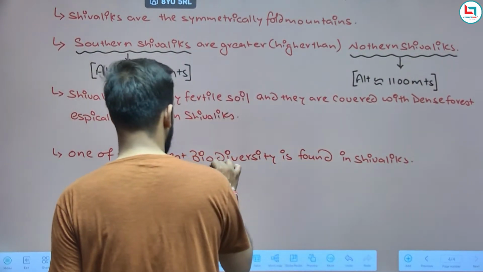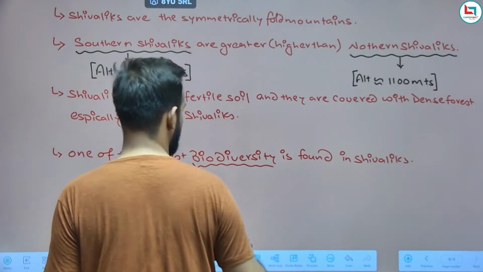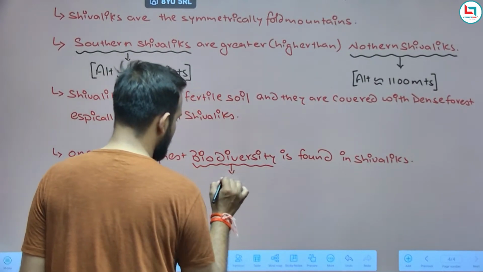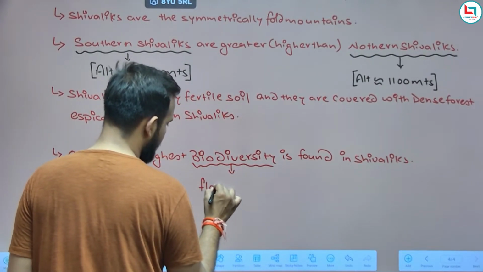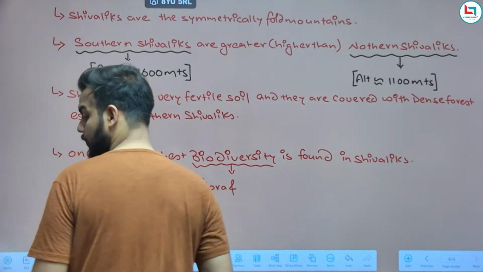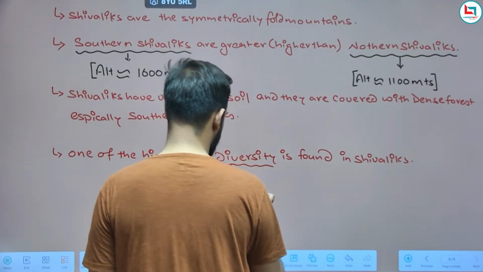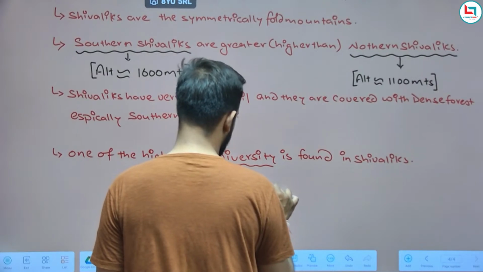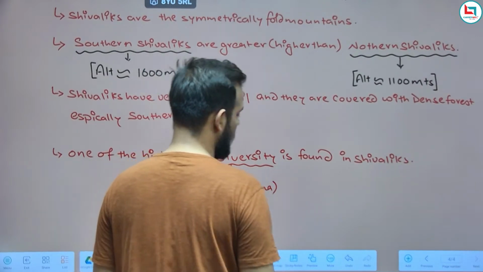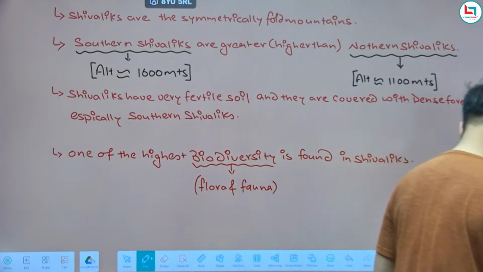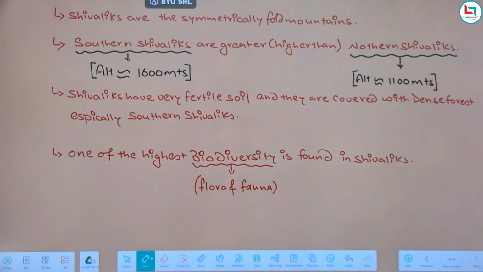And when we are talking about biodiversity, it means flora and fauna. Flora and fauna are found in the Shivaliks. So are we good about these particular things, guys? I hope these things are making sense to you now, buddy.